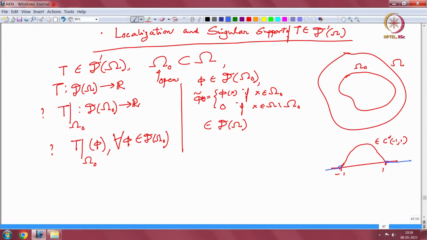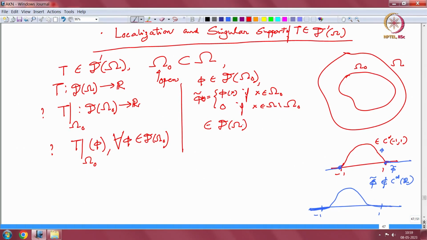This phi tilde, such an extension, need not be in C infinity of R. But when you have a compactly supported function on minus 1 to 1, it will not create any trouble at the boundary. The trouble is at the boundary. You may not have the smoothness by extension. You can have many wild functions, discontinuity also. So this is very important to observe.